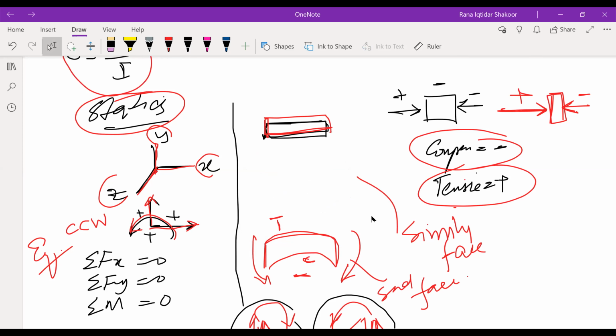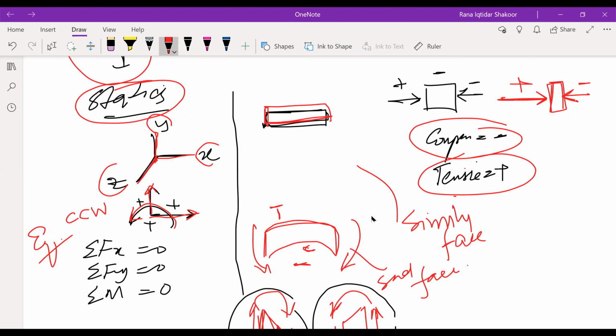So let me draw it first again. Right? So what happened? This is the positive force, positive bending.